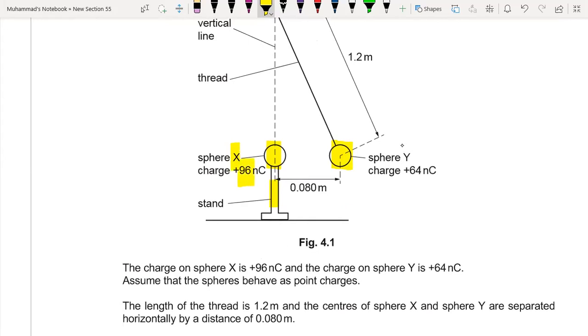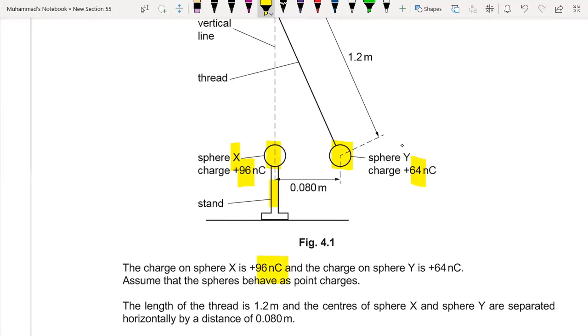They have the same sign of charge, so this charge will repel this, and then the weight of this charge and the tension. So the forces acting on sphere Y are the repulsive force due to charge X, the gravitational force, and the tension in the string.